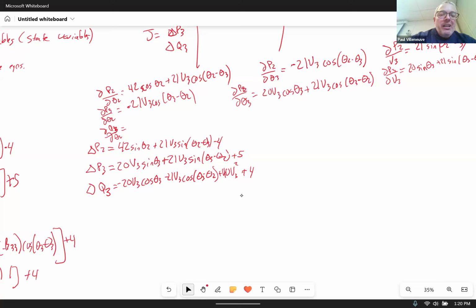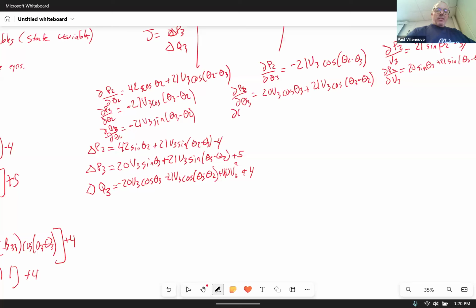All right, so the derivative of cosine is negative the sine. So that would cancel out the negative in front of the 21. But I'm taking the derivative of the negative theta, so that becomes negative 21 V3 sine theta 3 minus theta 2. That's it. That's the only one that has theta 2.